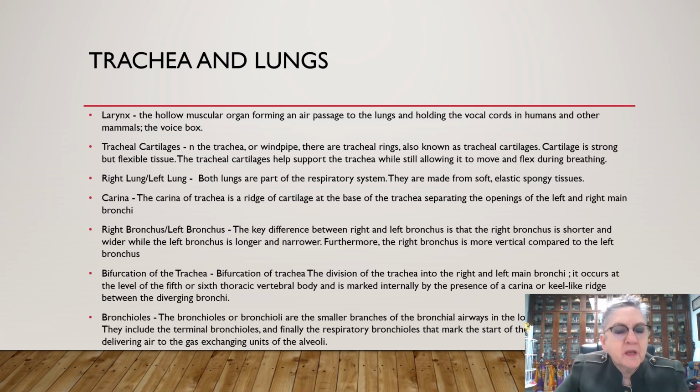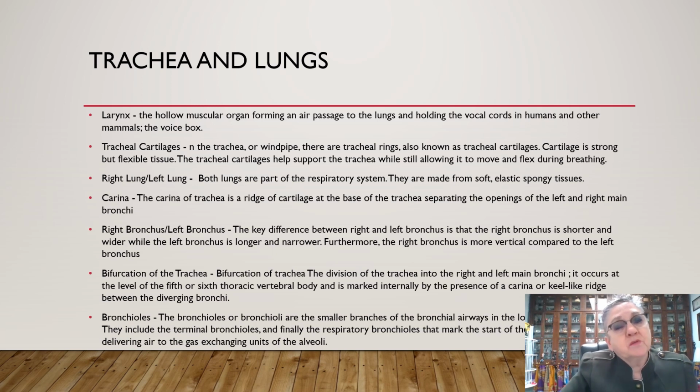Okay, let's do a quick review of the different parts of the trachea and the lungs. And again, we want to know where these are located so that when we talk about different forms of sleep apnea, where the reduction of airflow occurs. So quickly, we'll go over these terms. We have the larynx.